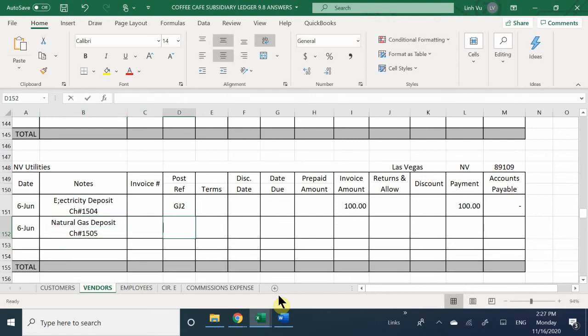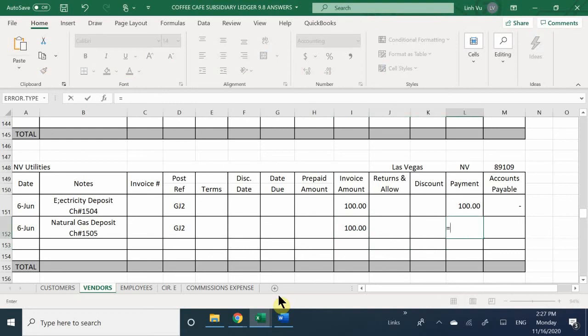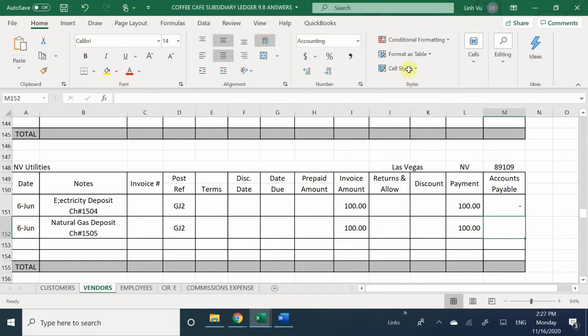No invoice again, but general journal number 2. Same thing here. Our invoice was for a total of $100, and I made a payment to it with check number 1505. And if I pull down this formula, it should pick up everything and say that you have $0 owed to NV Utilities.